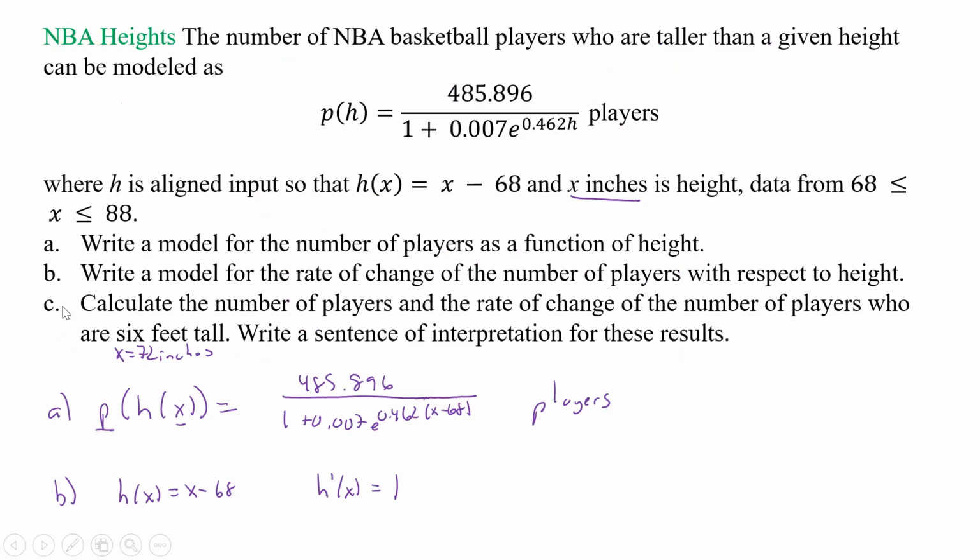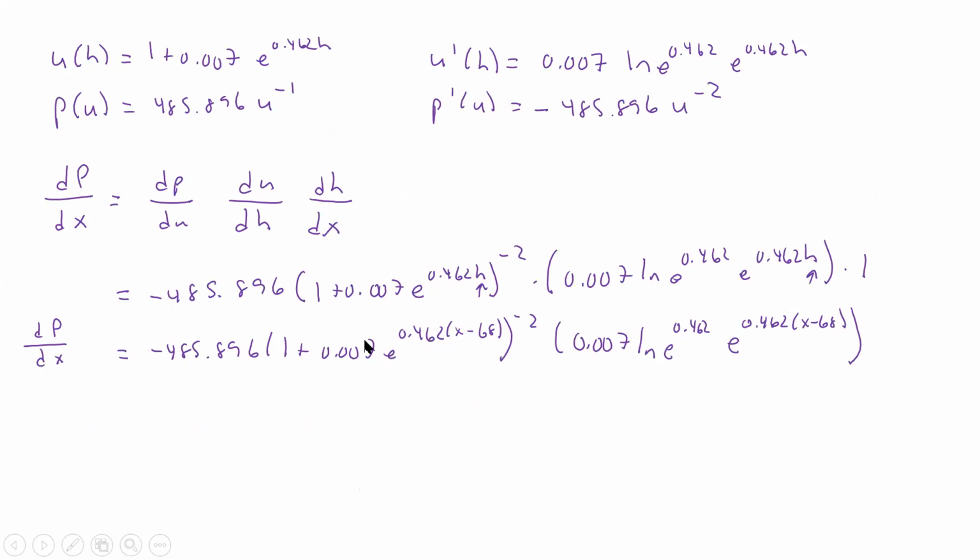And now for C, we need to calculate the number of players and the rate of change of the number of players who are 6 feet tall. So we need to plug in 72 for this. After that, we have to go in and plug in 72 in this equation. So maybe while we have this one here, let's do dp dx, and x equals 72.